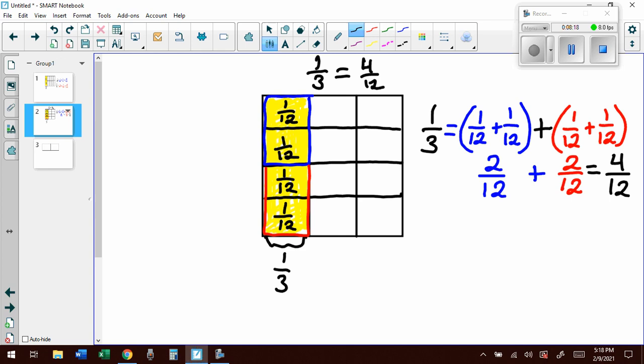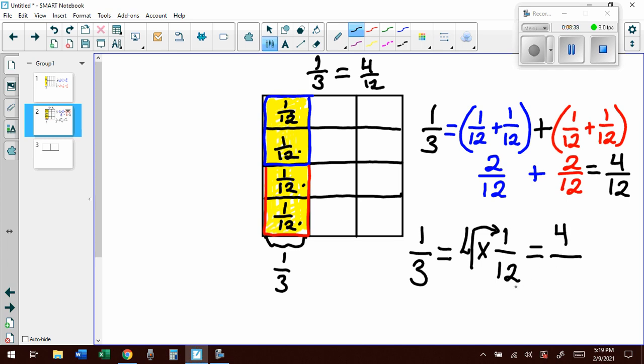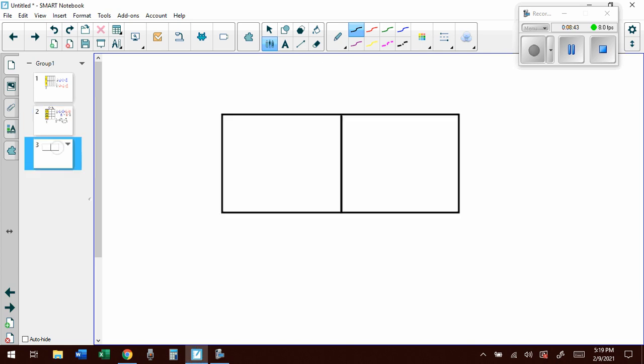Or we can show it as a multiplication equation using a whole number and a fraction. 1/3 equals 1/12. How many times? 1, 2, 3, 4. 4 times. 4 times 1 equals 4. And of course, our denominator stays the same. 4/12. Let's look at this one. In halves, so right away you think, wow, this is going to be great.